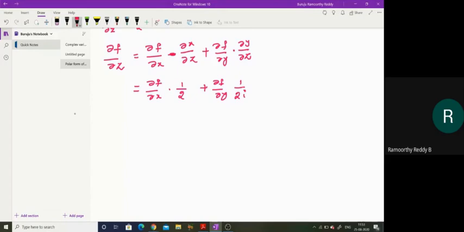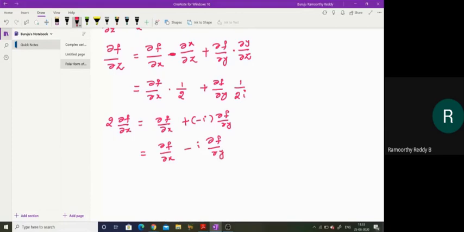So then take LCM. It is 2 dou f by dou z equal to dou f by dou x plus 1 by i times dou f by dou y. 1 by i is nothing but minus i. So it is dou f by dou x minus i into dou f by dou y.